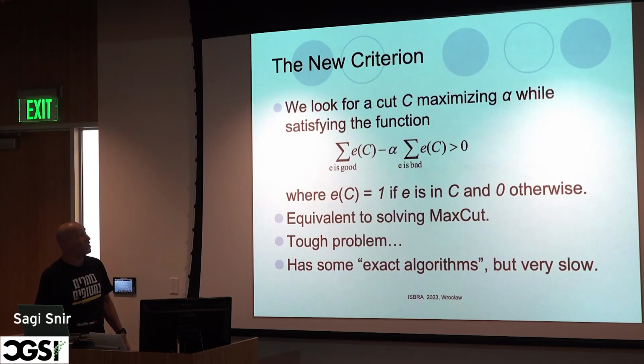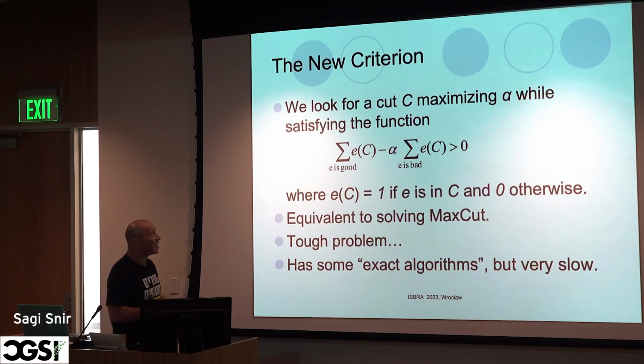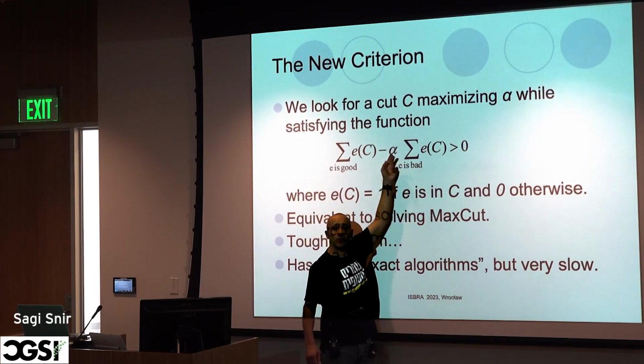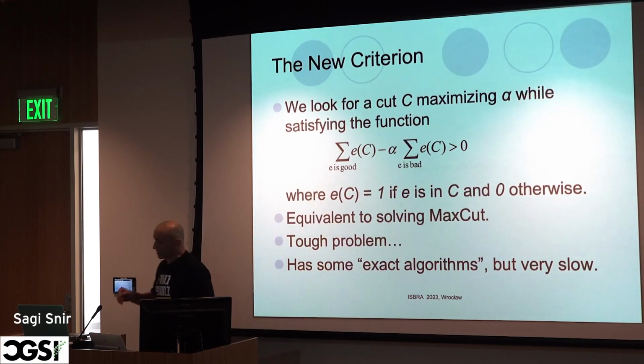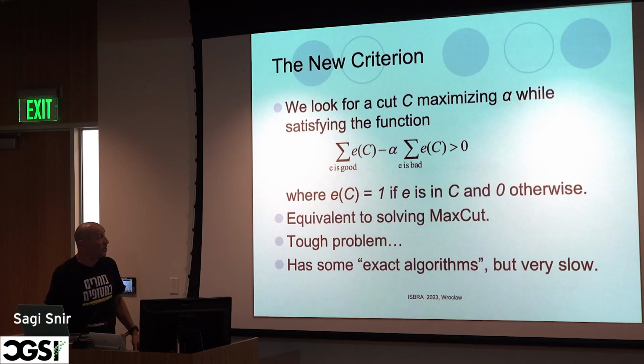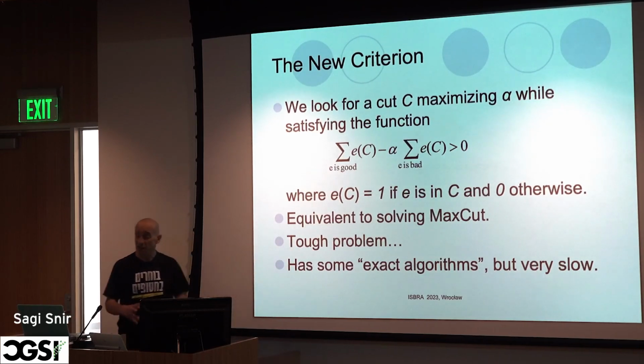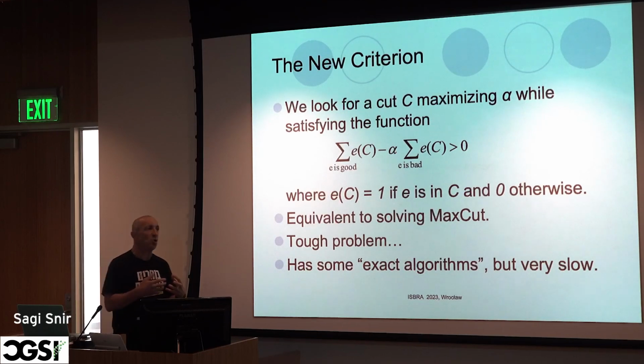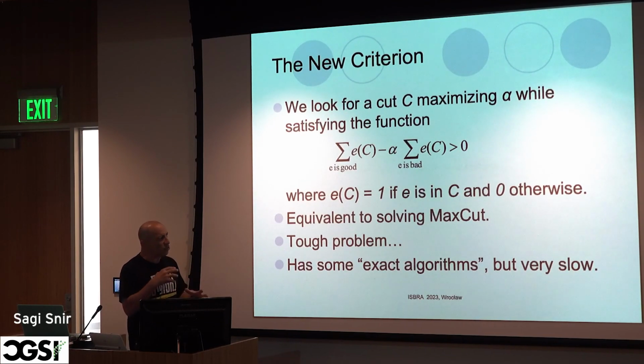Okay, so how do we actually formalize that into mathematics? So this is the idea. We have good edges, we have bad edges here. We look for the ratio between them, and we run the MaxCut. However, this is equivalent to solving MaxCut, and I am not sure how familiar you are with this problem, but MaxCut is among the most studied hard problems on graphs, and there are so many problems that are related to MaxCut.